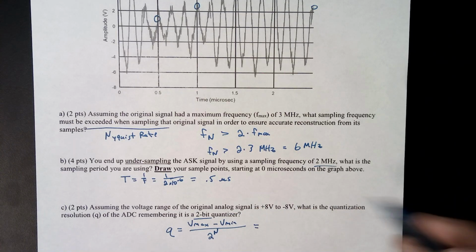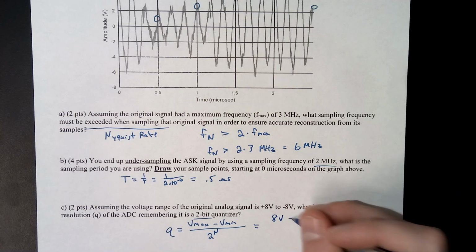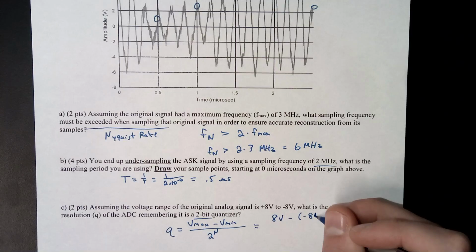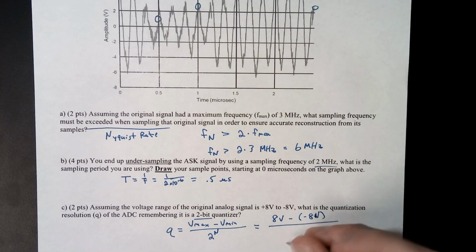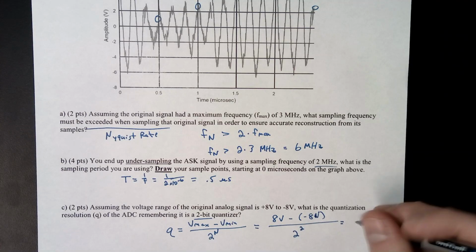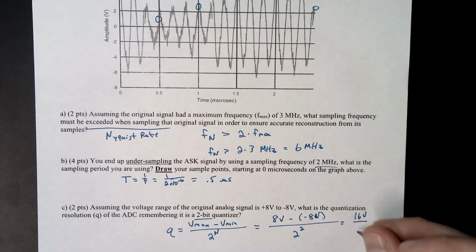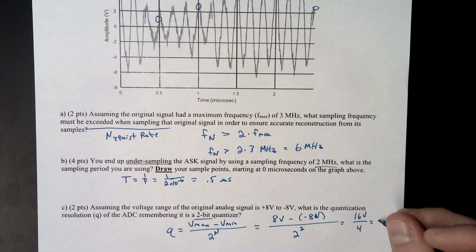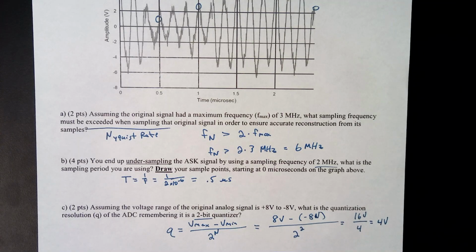We plug in our max voltage, 8 volts minus negative 8 volts, over 2 to the n, 2 squared, which is the 2 bits. That gives us 16 volts over 4, and so our resolution is going to be 4 volts. So we can see the difference between 4-volt values in this chart effectively.